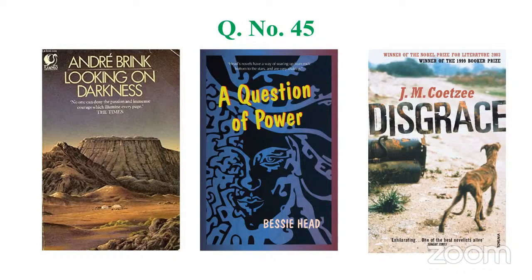J.M. Coetzee's Disgrace. Disgrace established this writer. So this is the novel you should start with. If you want to know more about J.M. Coetzee, there are also other novels like Foe. That's also an interesting work, which is a retelling of Robinson Crusoe. J.M. Coetzee is known for that work, Foe, F-O-E, right? You can also check out that work, and there are also other works.